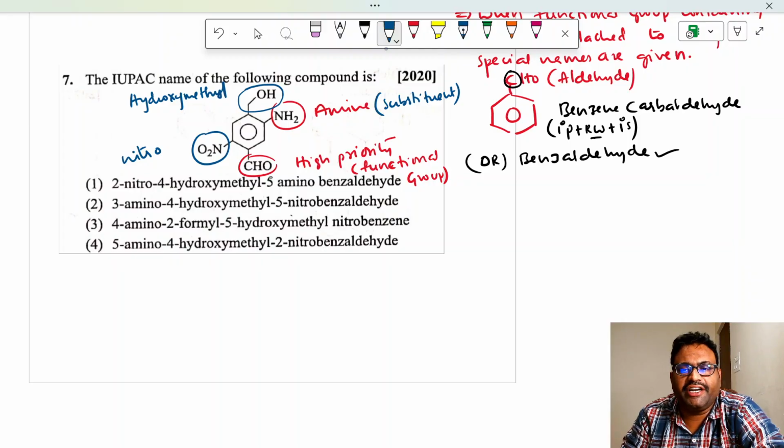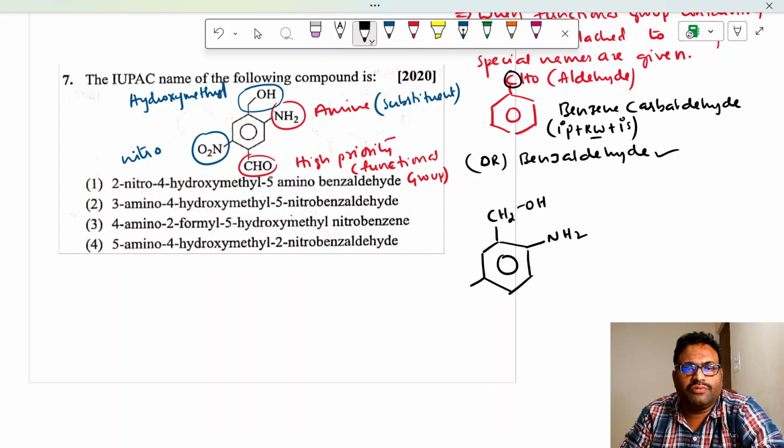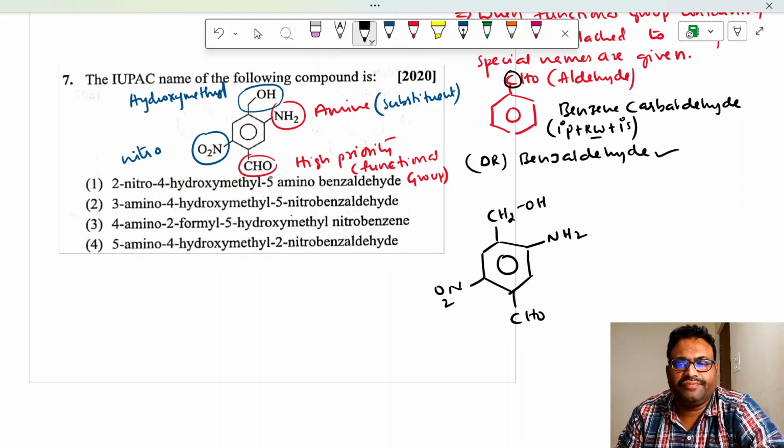Okay. So if you write the structure in detail, then you will write it like this: CH2OH, NH2, this is NO2, this is CH2. Generally, what is this C?